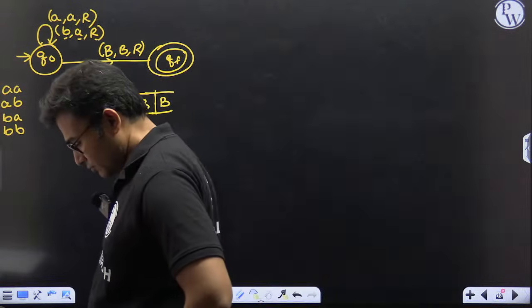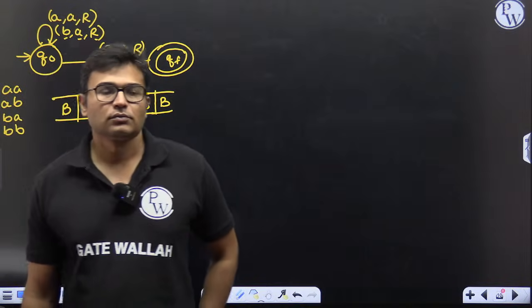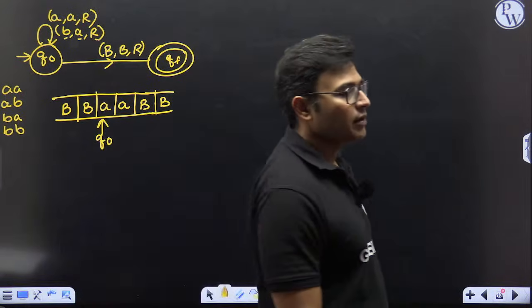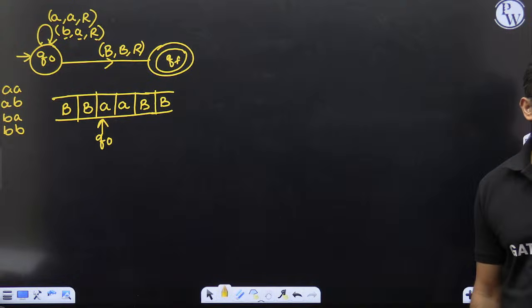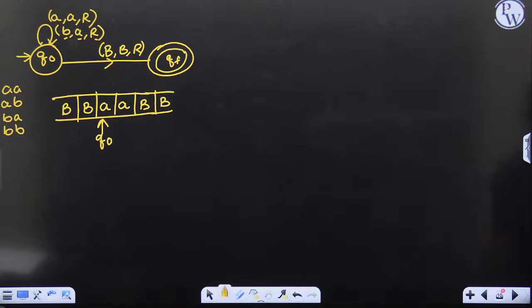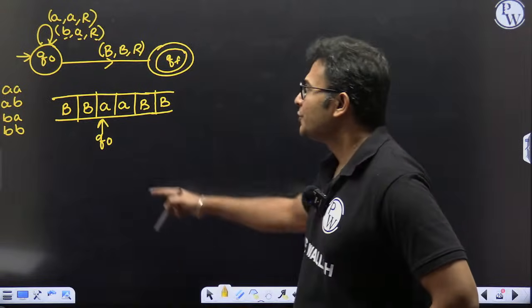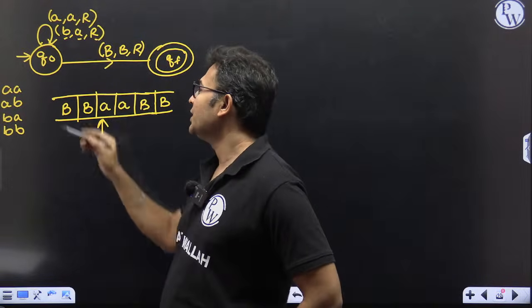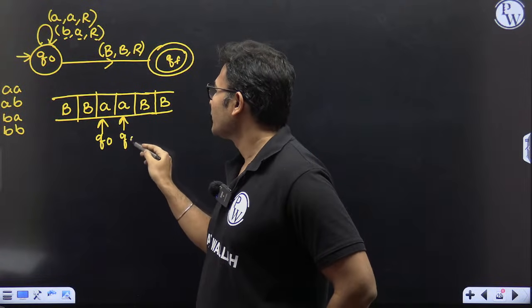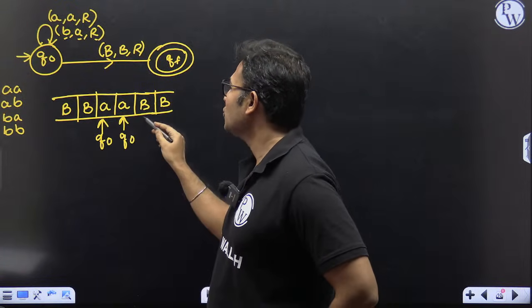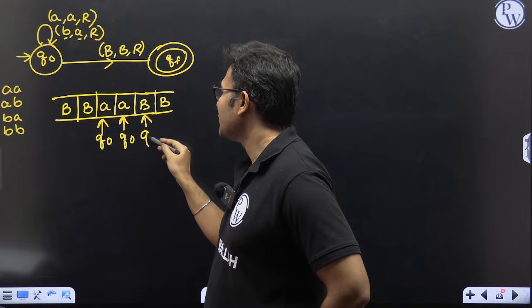So what happens on AA? You will be in state Q0. On seeing A, leave it as A and move right, and you will be in state Q0. Again on seeing A, you leave it as A, move right, you will be in state Q0.